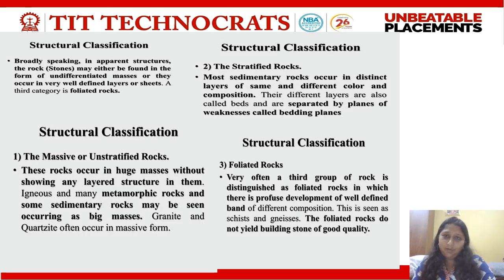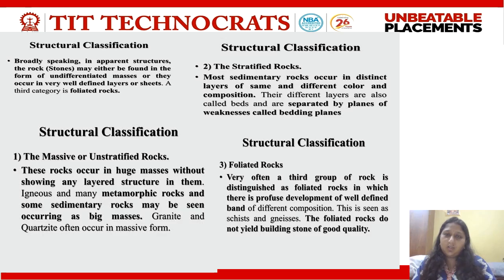So the type of rocks which have layers, if I cut them, I would get different plane surfaces of weaker strength maybe, but when we break them, we get different layers. That means the rock can be separated into different thin layers. Such type of rock are called stratified rocks.